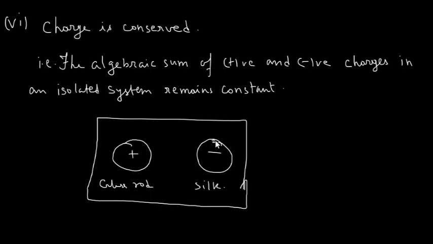Before that, both were neutral. So if the negative charge increased by 2 coulombs in the silk, then an equal amount of positive charge has developed, that is, 2 coulombs of positive charge in the glass rod. So this whole system is again neutral.